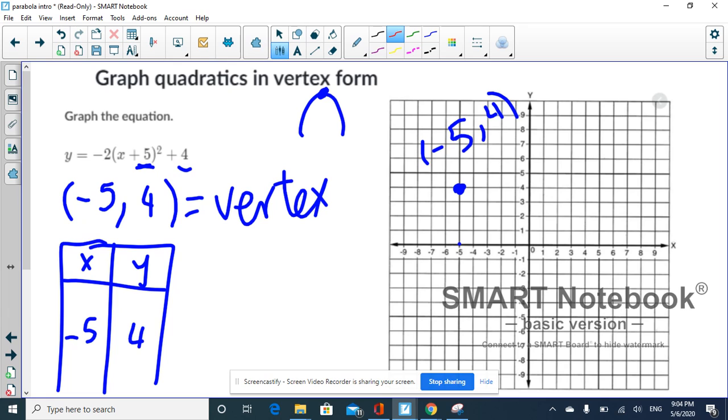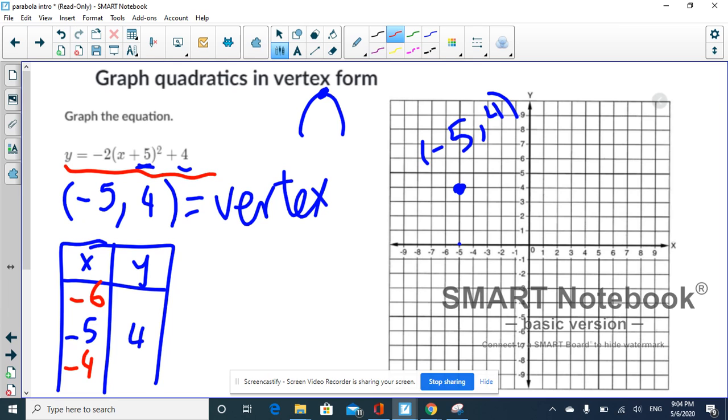Okay, let's take a point to the left of -5, like -6, and another point to the right, like -4. Plug in x equals -6 in this equation.